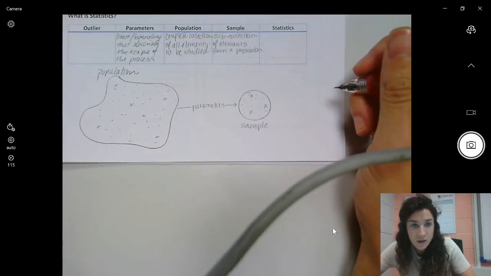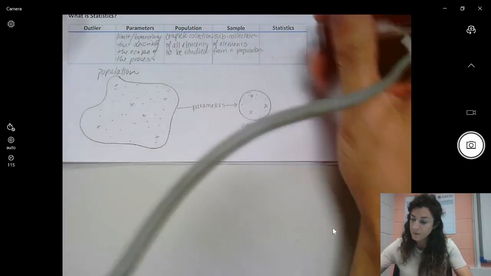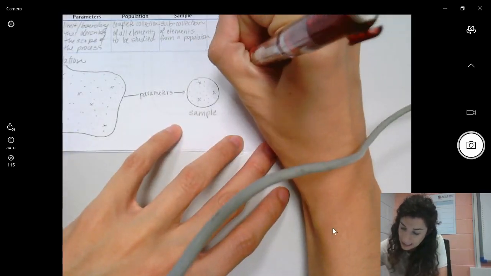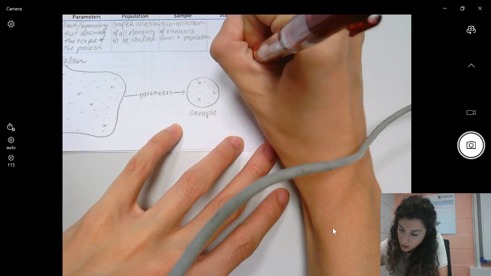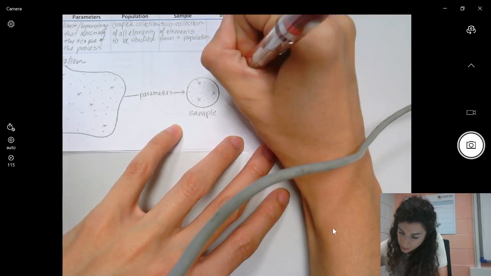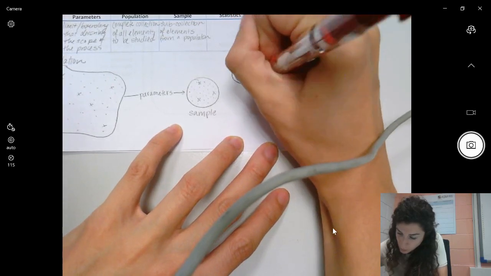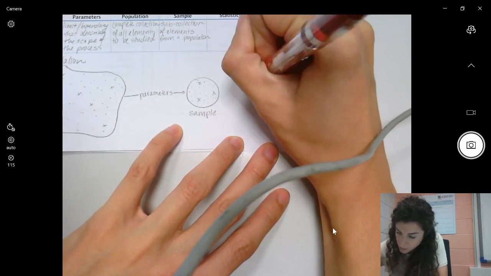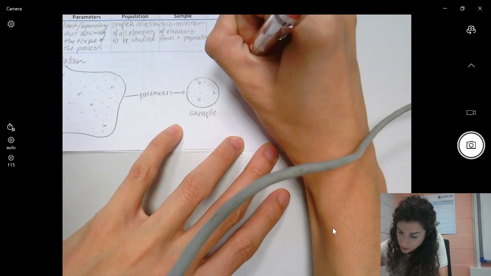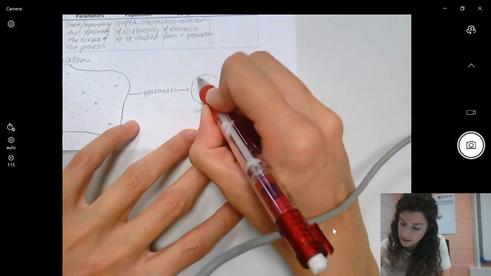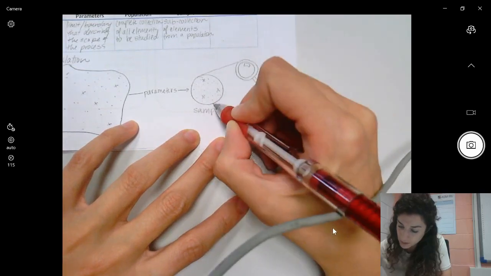From there, once we've created our sample, we need to take a long, hard look at what is going on in that sample. We gathered the sample, we start gathering the information, and then we really truly investigate that sample.